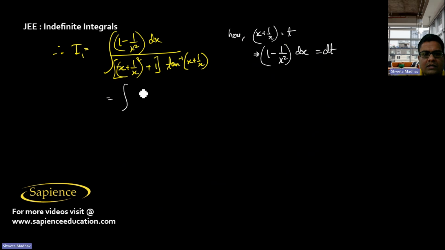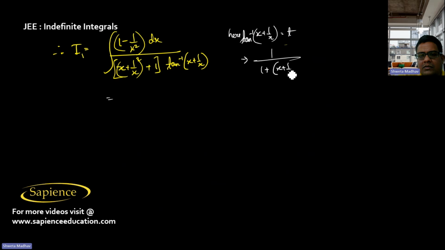So therefore we can do one thing: we can take this tan inverse of x plus 1 by x as t. So then I can say this is 1 by (1 plus (x plus 1 by x) whole square) into (1 minus 1 by x square) dx, that is equal to dt.